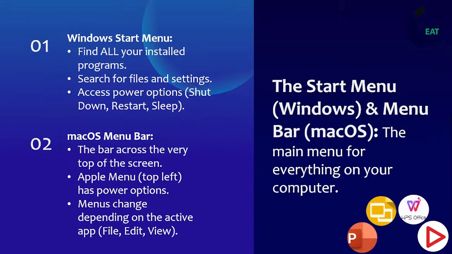Now the rest of the menu bar changes depending on which app you are using. For example, let's assume you opened Safari on your Mac operating system. You are going to see menus like File, Edit, View, and History.